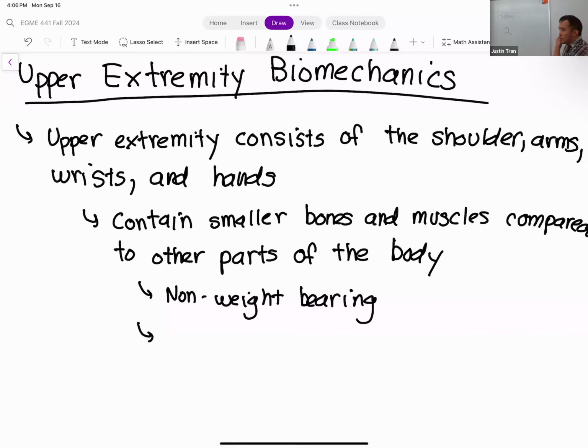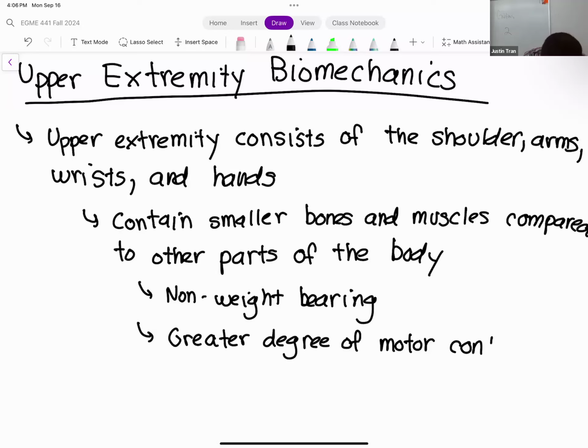Another reason they're a lot smaller is that they have a greater degree of motor control compared to other parts of your body as well. If you remember from last Monday, we had the discussion of motor units and how muscles connect with the nervous system, right?